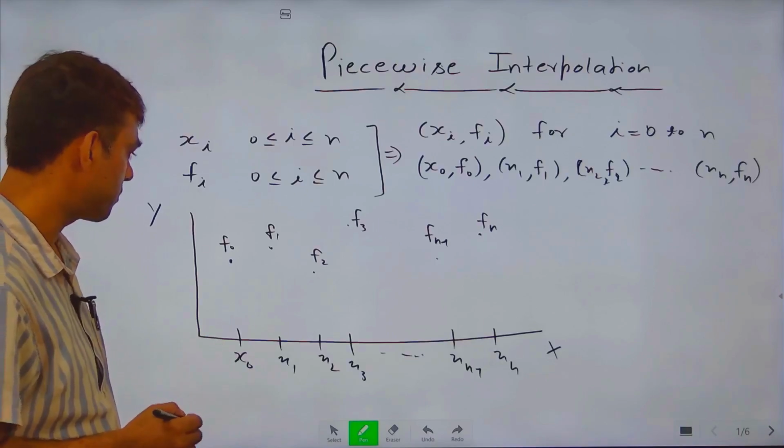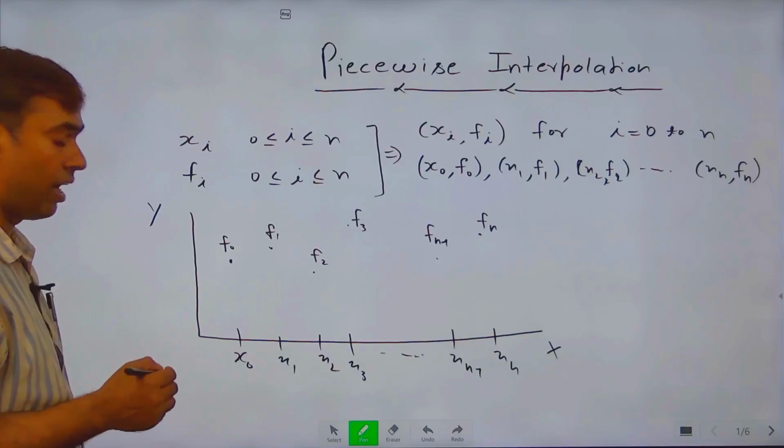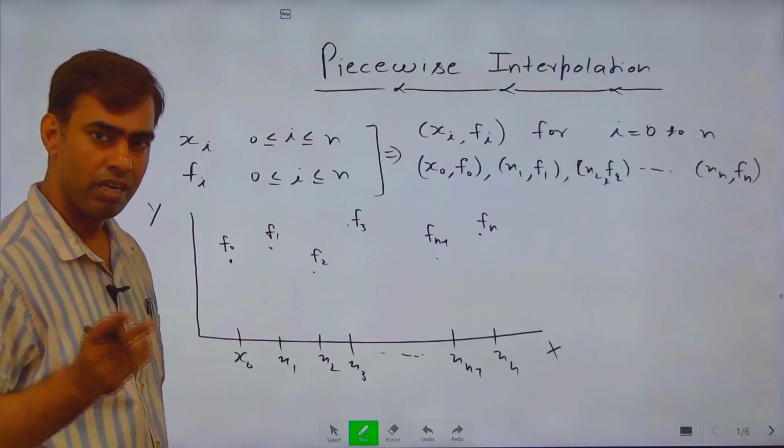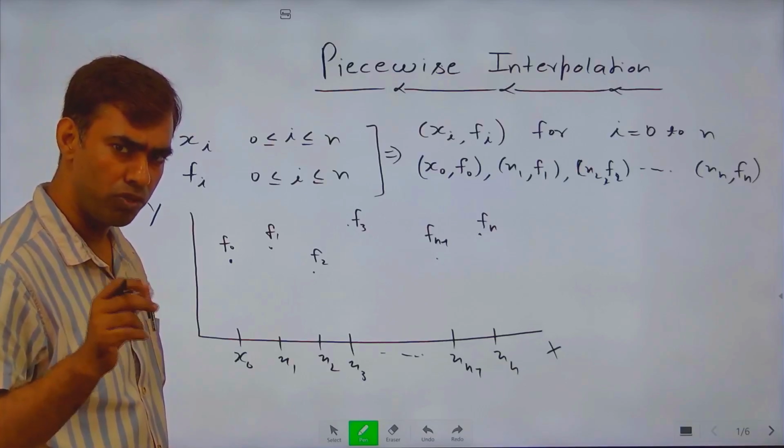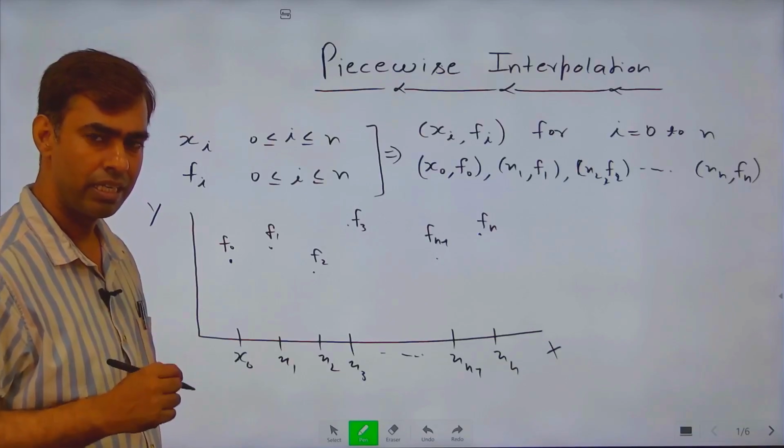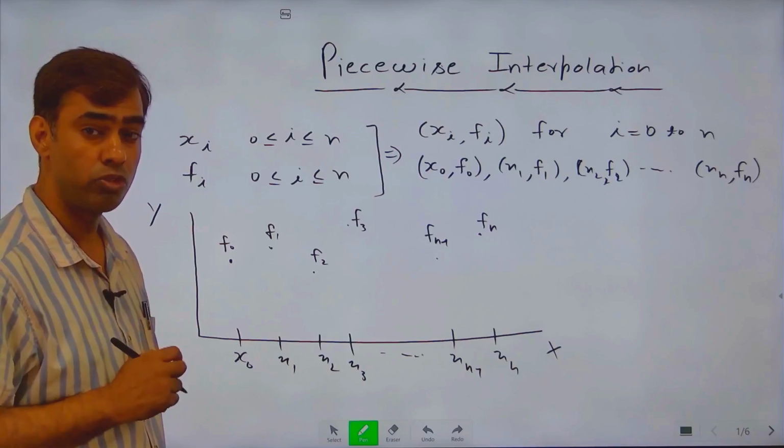Also we know that to fit a polynomial of degree 1, there is a need of at least 2 known values.